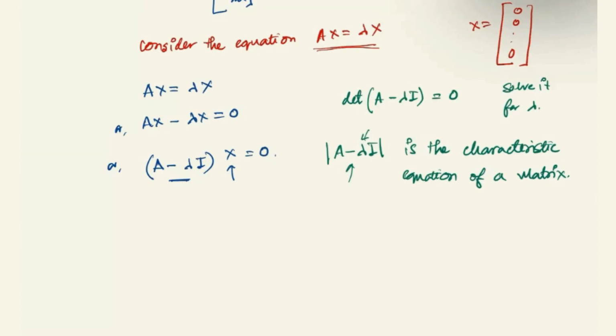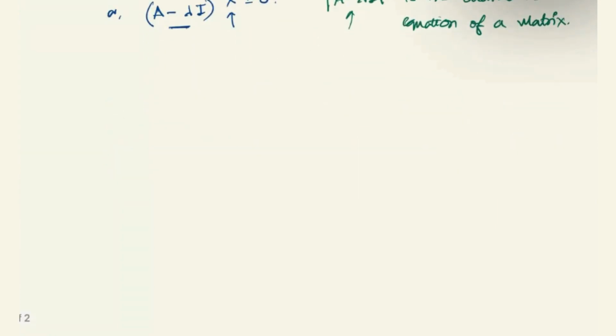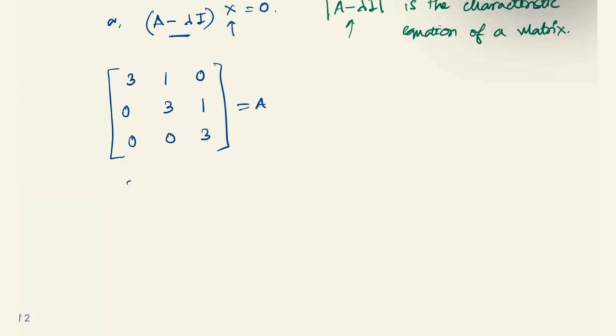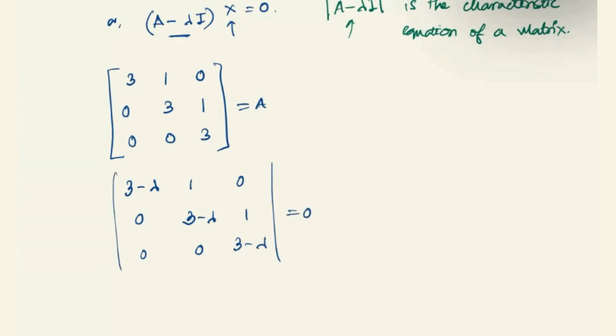So this is a matrix A. And we can directly write that the determinant of the matrix with rows 3 minus lambda, 1, 0; 0, 3 minus lambda, 1; 0, 0, 3 minus lambda equals 0.